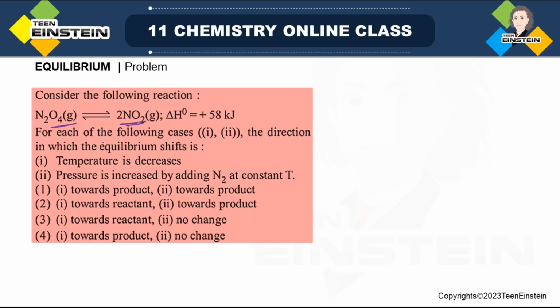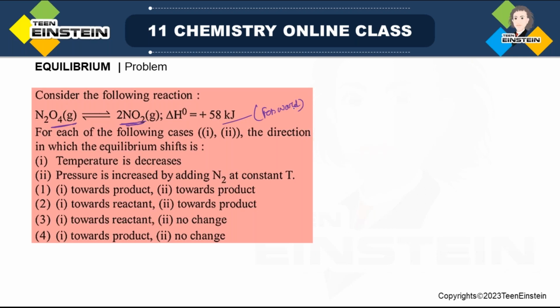If you consider the backward reaction, these two individual NO2 molecules together make N2O4. But if you consider the forward reaction, the N2O4 dimer is broken into two individual NO2. Now for the forward reaction, the delta H not value given is plus 58. Nothing else is mentioned, so you can consider it as being for the forward reaction direction.